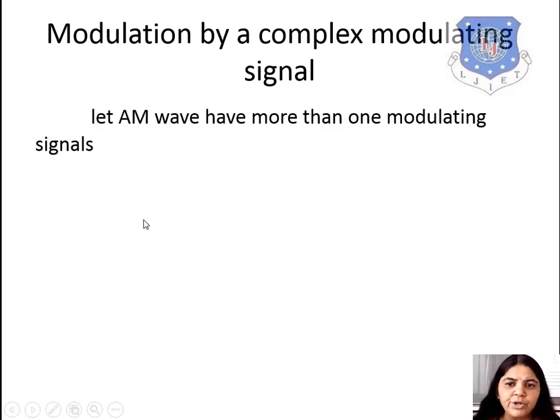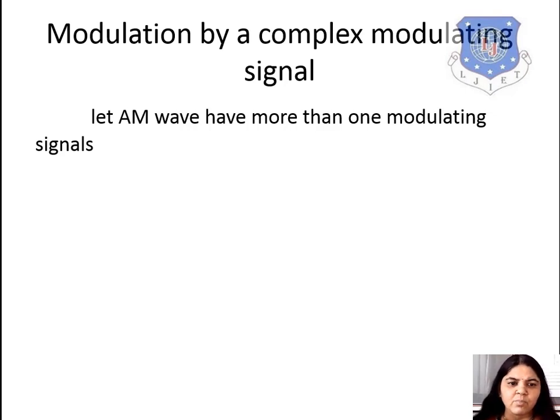Now the next thing, modulation by a complex modulating signal. If you want to transmit the signal over the carrier, the modulating signal can be more than one. So more than one signal will travel onto the one carrier frequency. In this theory, we will take two signals.